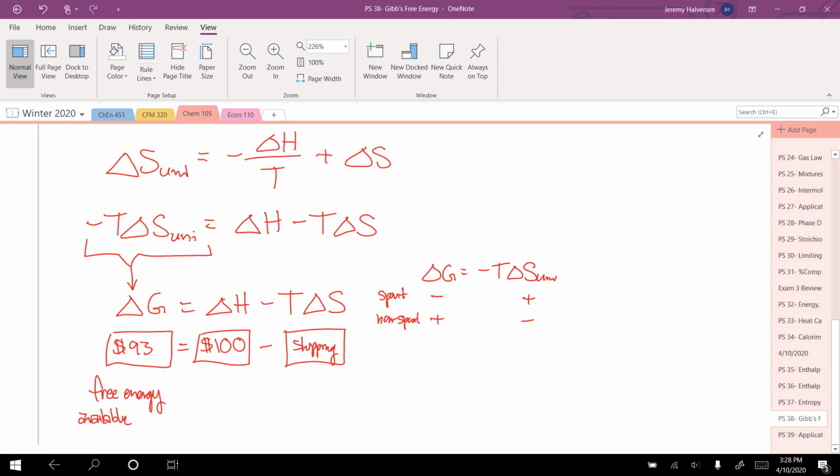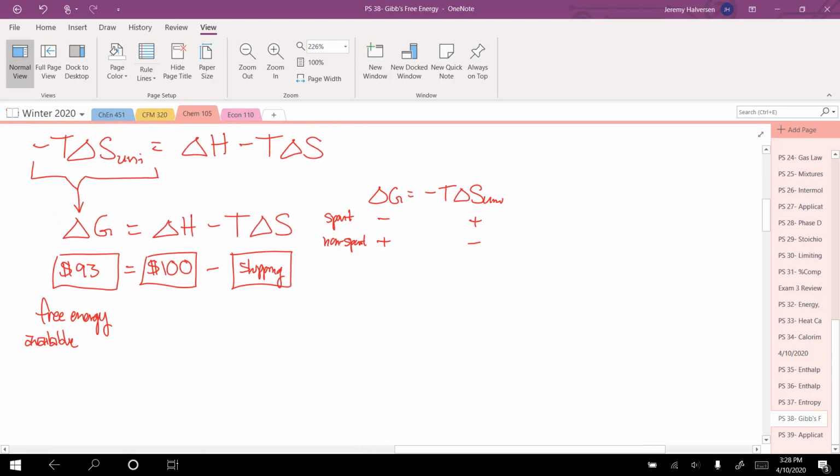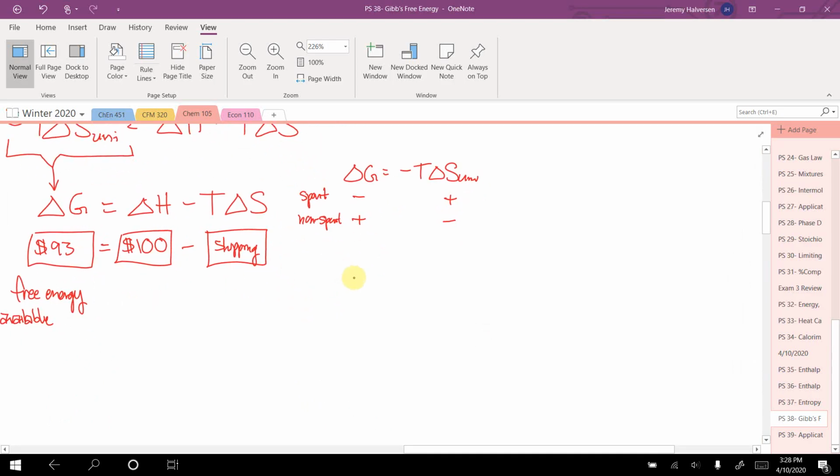This really helps us to see the way that temperature affects a process. So I'm going to have delta G equals delta H minus T delta S. Make a little table here. Let's say that I have something that is endothermic.